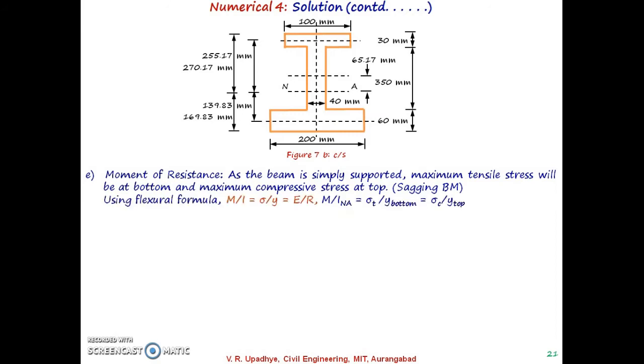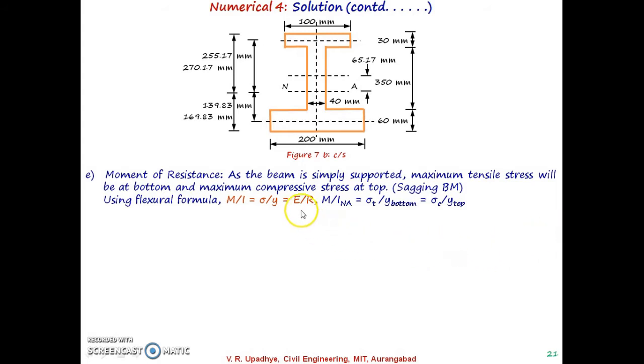So we will again use the flexural formula, that is M divided by I, bending moment divided by moment of inertia, is equal to sigma divided by Y. Sigma is the stress. It may be either tensile stress or compressive stress depending on the position at which we are finding the stresses, and Y is the distance of that position from the neutral axis.